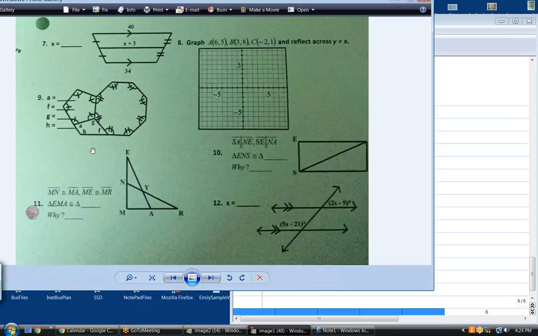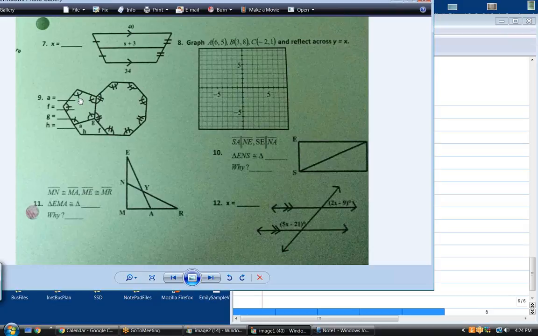How are we going to get A? Start with A. Okay. Well, we can find the sum of each interior angle for the pentagon. Okay, figure that out.